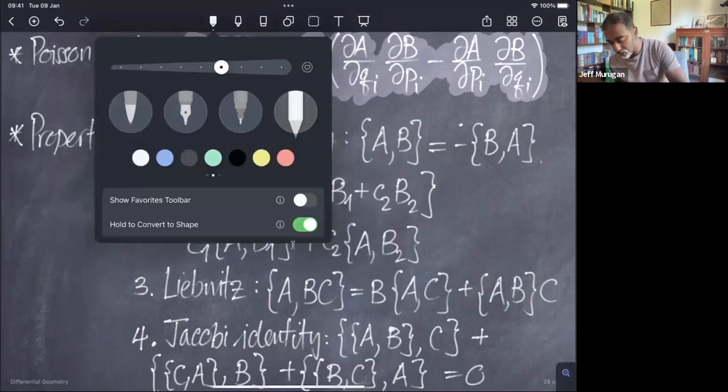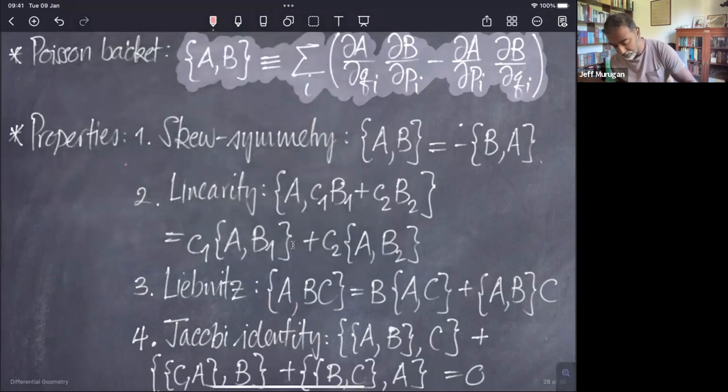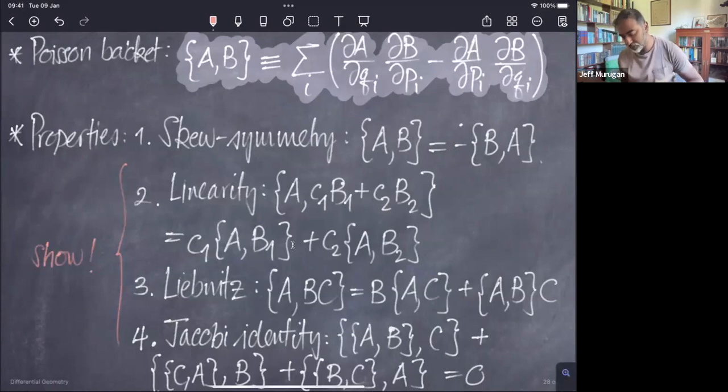I would like you to spend a little bit of time and prove all of these relations. They're a good experience to show that this is what the Poisson bracket satisfies, and they're a good experience to work with the properties of the Poisson bracket, right?